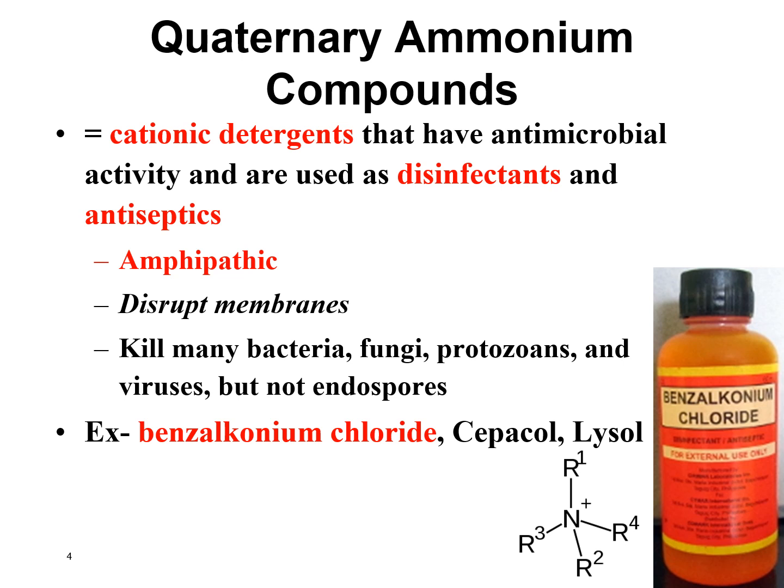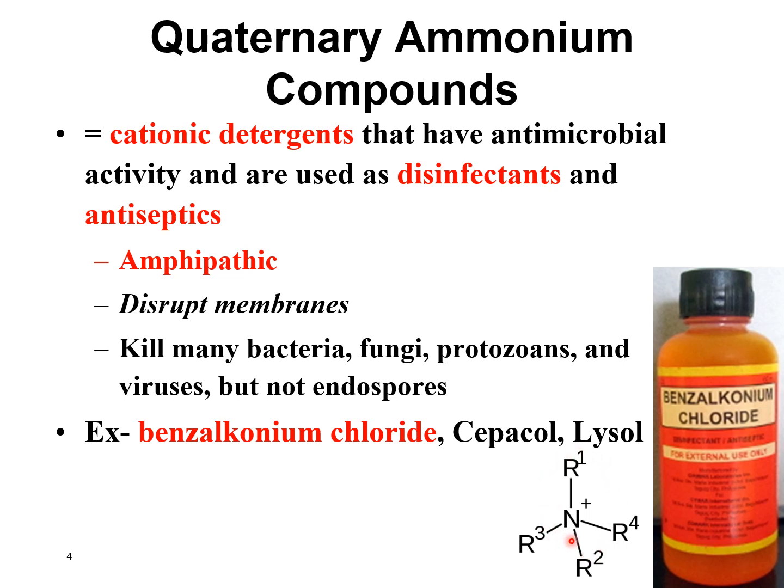But we do have some detergents that can kill the microorganisms, like the quaternary ammonium compounds. These are cationic detergents that we use as disinfectants and antiseptics. How they got their name, if we look on the bottom right at the chemical structure, the ammonium refers to the nitrogen, and the cation refers to the positive charge.